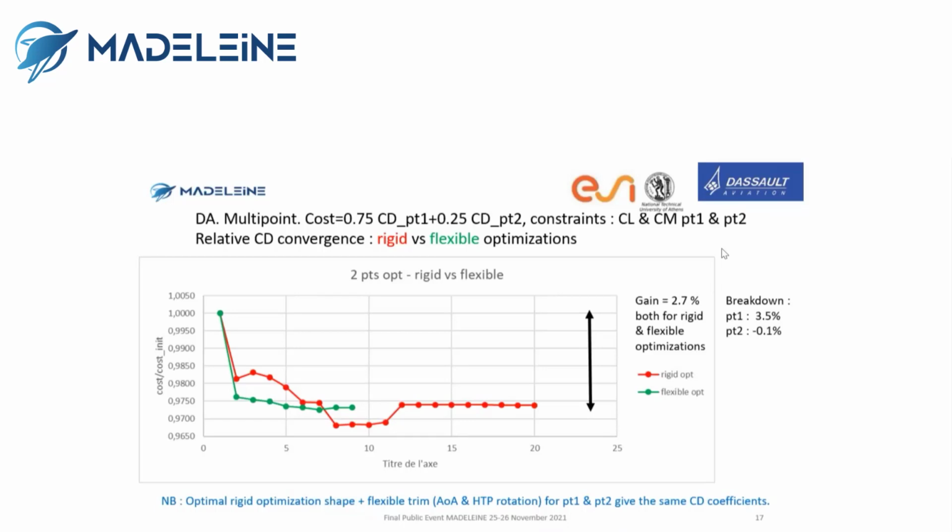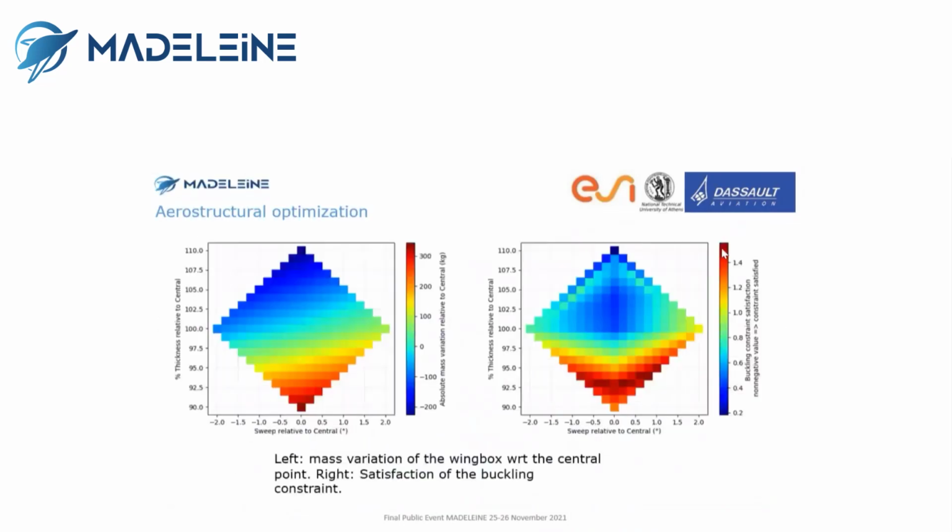It's flexibility from the stiffness matrix of the structure, and so you obtain a displacement with 3 components on all the wing.